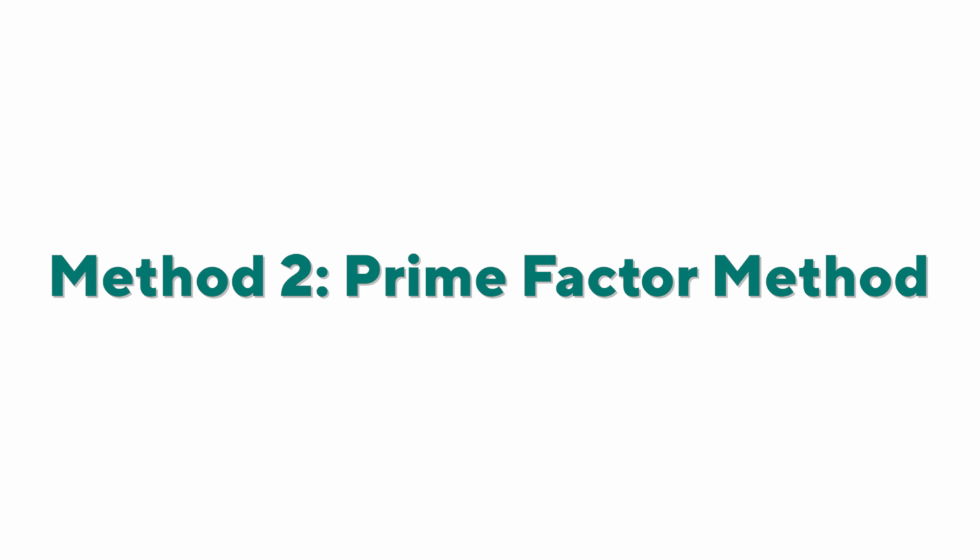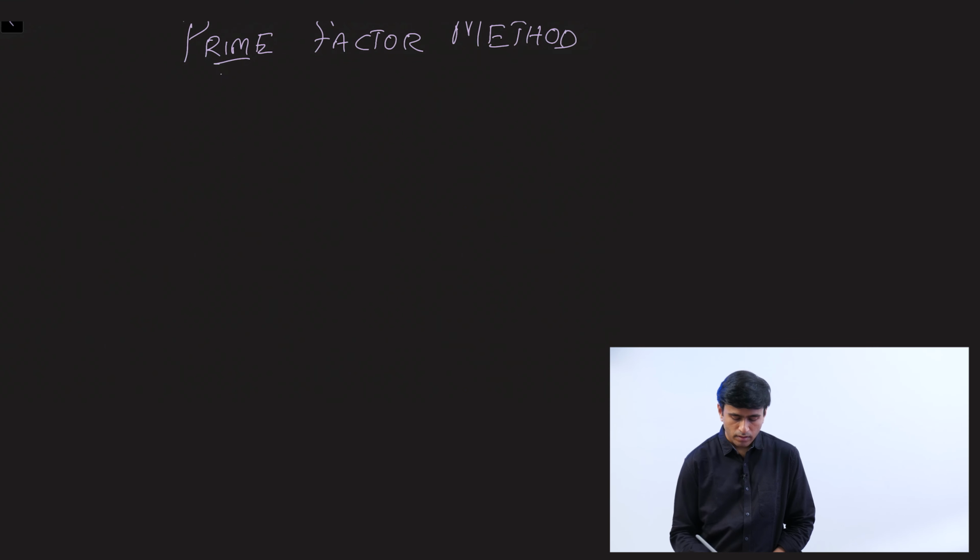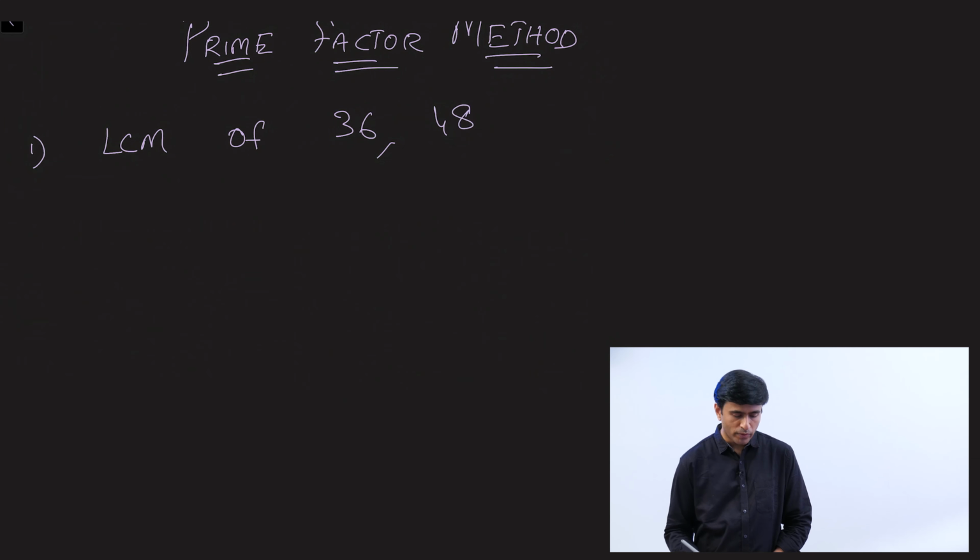Prime factor method. How can we find LCM using this method? Let's take an example. Find the LCM of 36 and 48. So in this method, we find the LCM by finding the prime factors of 36 and 48.